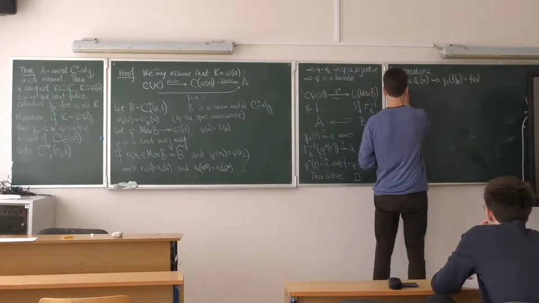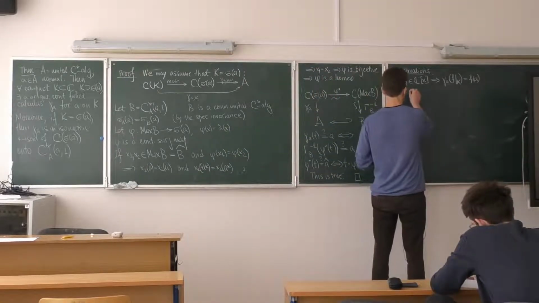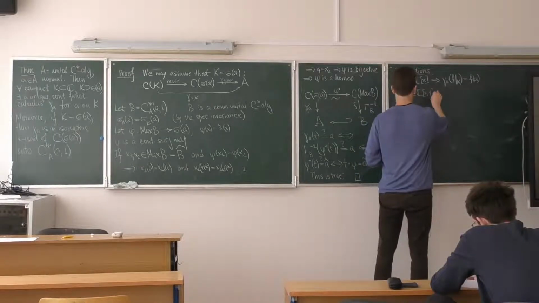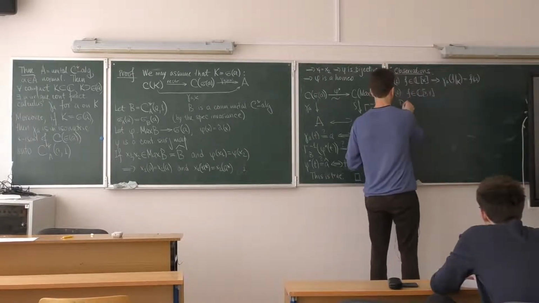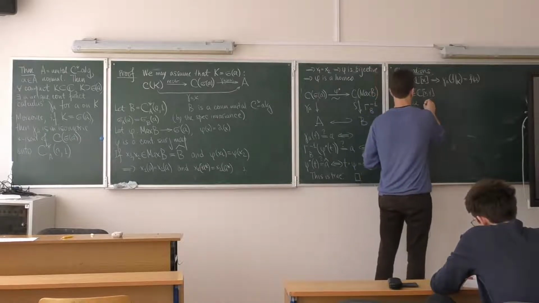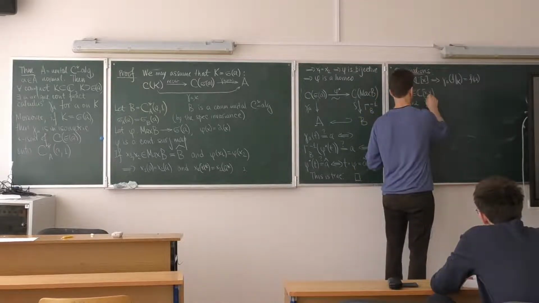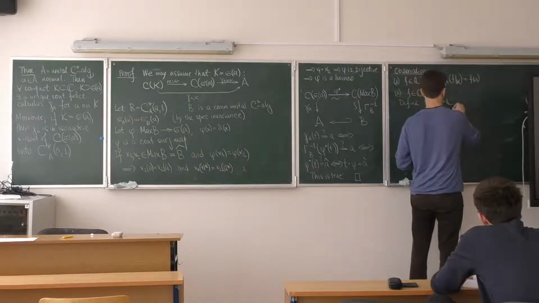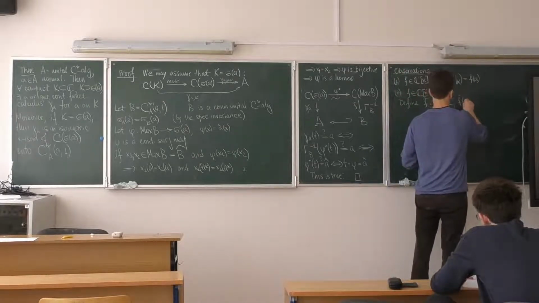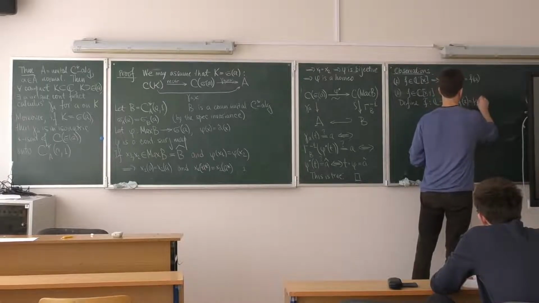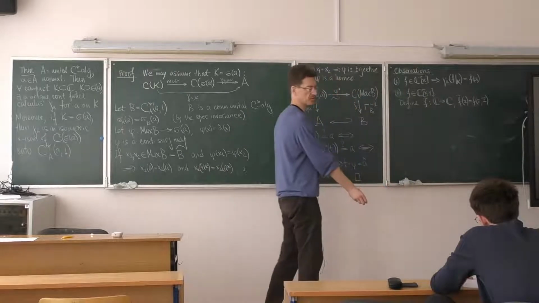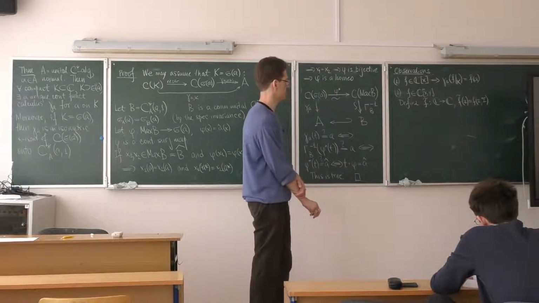And more generally, suppose now that f is a polynomial in two variables, x and y. And we define a function denoted by f tilde from the complex plane to itself by the following formula. We substitute z and z bar, the complex conjugate, into f.